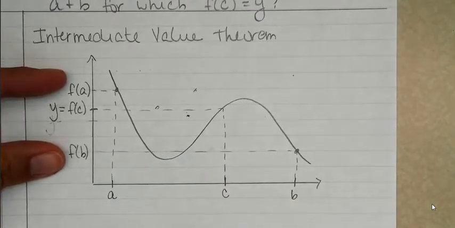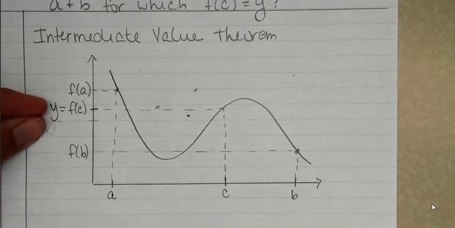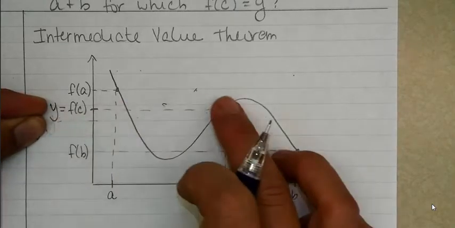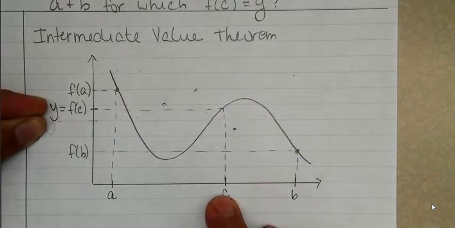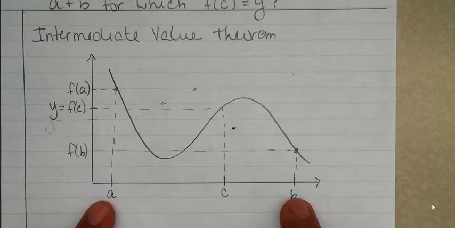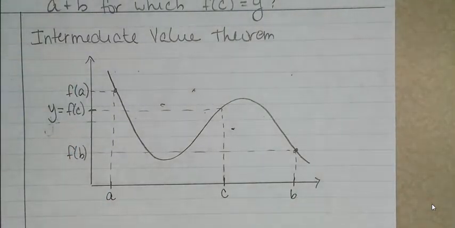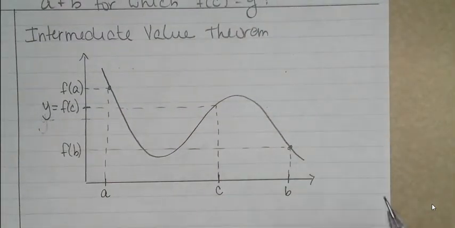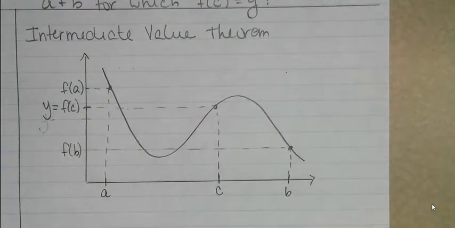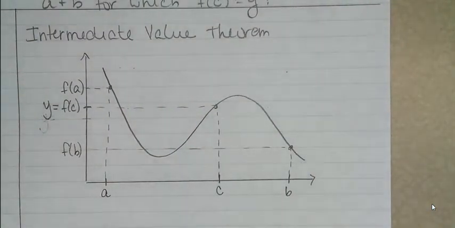If I know my two outputs, and I know that there's an output in between those two outputs, well, that means then that the input for this output has to be somewhere in between the two inputs that went with these two outputs. It's very simple. It's not any harder than that. So I know you're thinking to yourself like, that's obvious. Okay, but maybe pause the video for a second and just make sure that you can explain that. Okay?